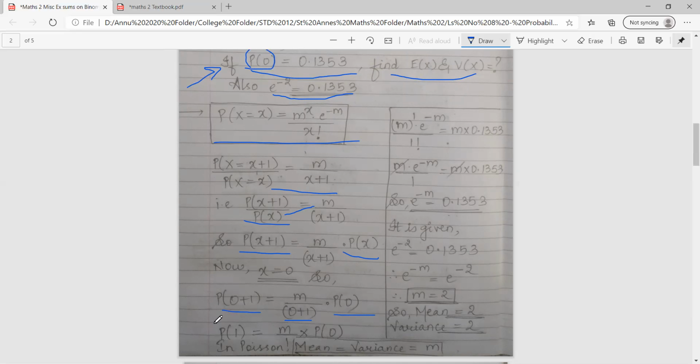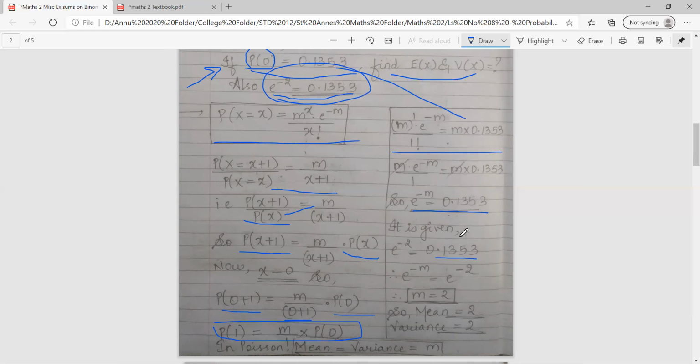Now on both the sides, that is LHS and RHS, I'll be putting the formula like this. m raised to 1 into e raised to minus m upon 1 factorial is equal to m into the value of p of 0 was given to me in the question, 0.1353. So on both the sides, m will get cancelled and I'm left with e raised to minus m is equal to 0.1353.